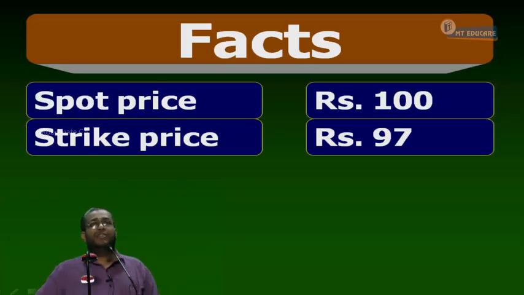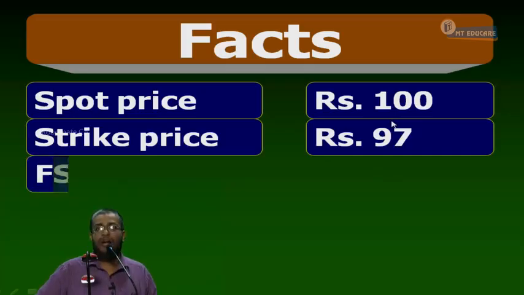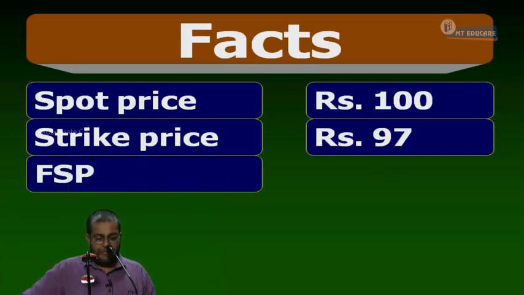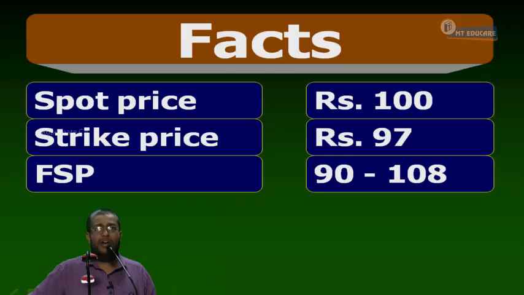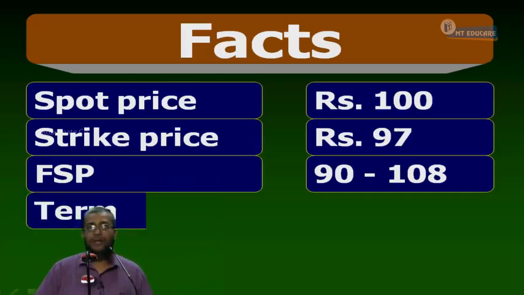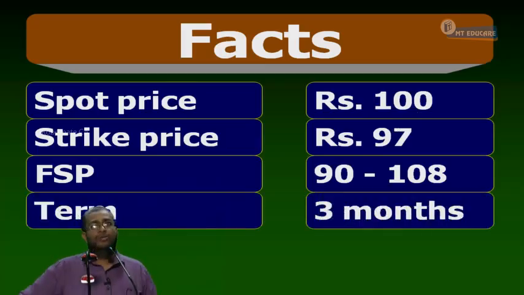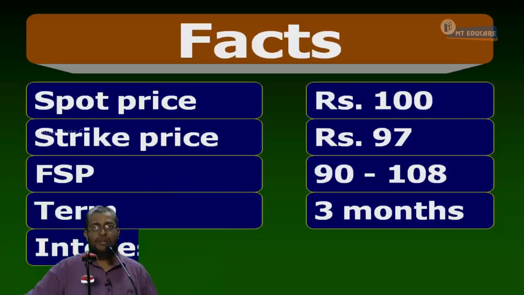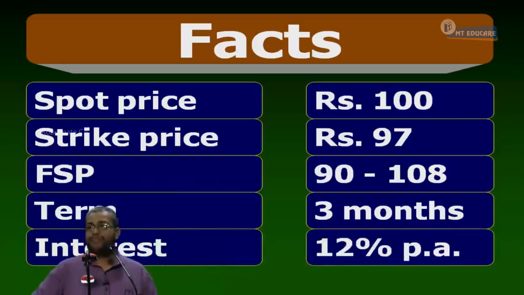Call option is the right to buy at 97. Third, FSP is 90 or 108. Here the dash is not indicating a range, so write straight away 90 or 108. It is not 90 to 108. Term of the option is 3 months. Interest rate 12%.